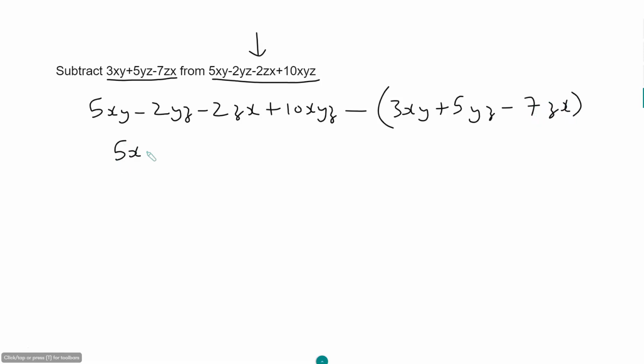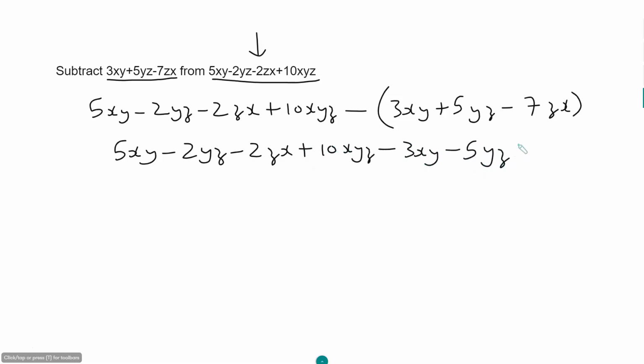Let's open this bracket. The first part you just write as such because there are no like terms in the first expression. When you open this bracket, this becomes minus 3xy minus 5yz plus 7zx.